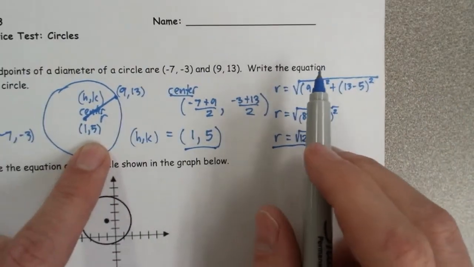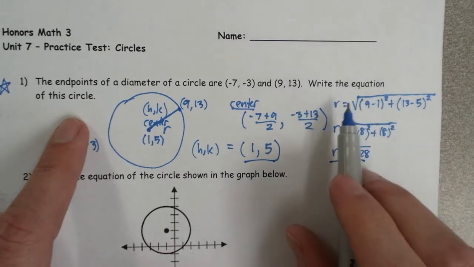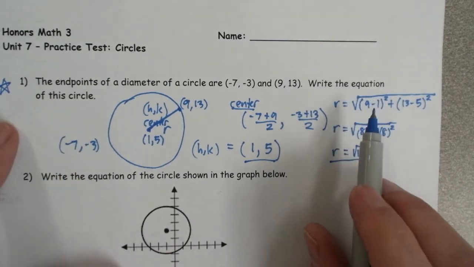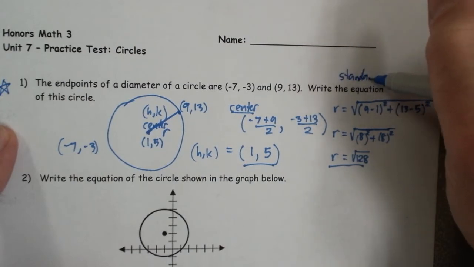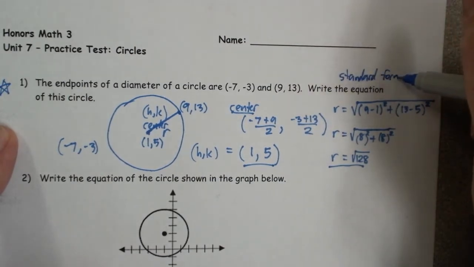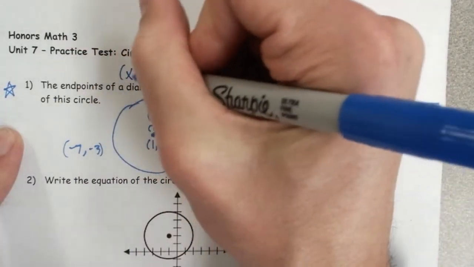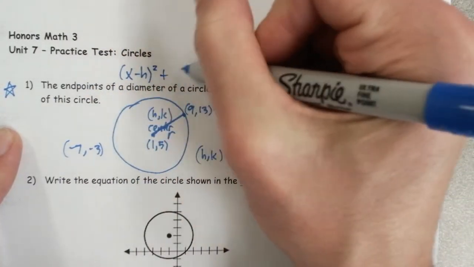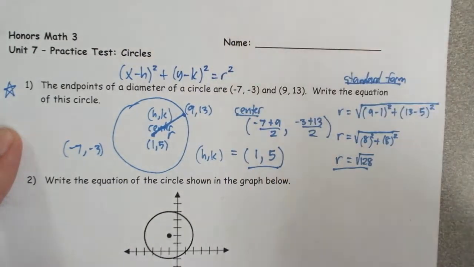Now it says to write the equation of the circle. Notice it doesn't say in standard form or in general form. So when it doesn't specify, I usually just say standard form. Remember, the equation for a circle in standard form is (x minus h) squared plus (y minus k) squared equals the radius squared.